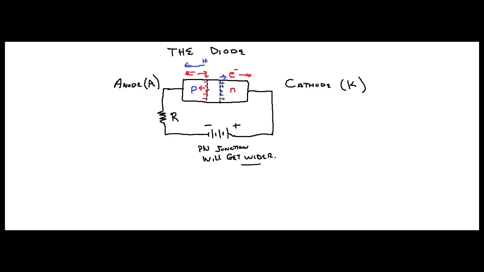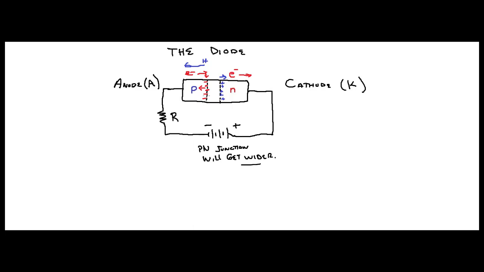So it's going to increase until it reaches equilibrium. At equilibrium, there's no more flow of charge carriers, okay? So it's going to meet the voltage that's put on it, all right? That's an important thing to remember.